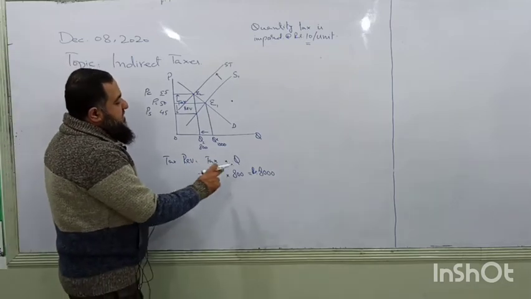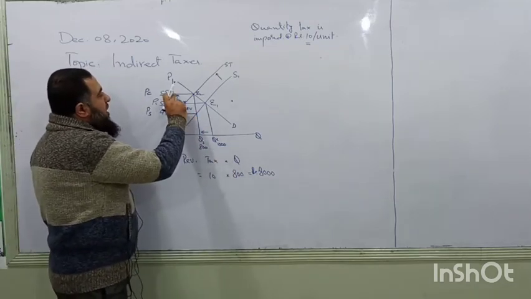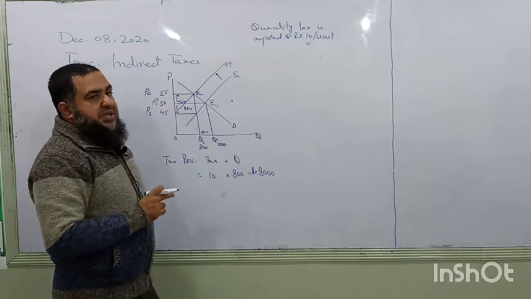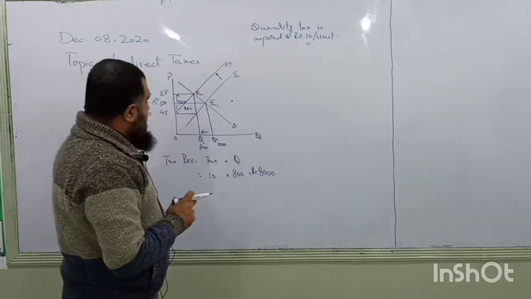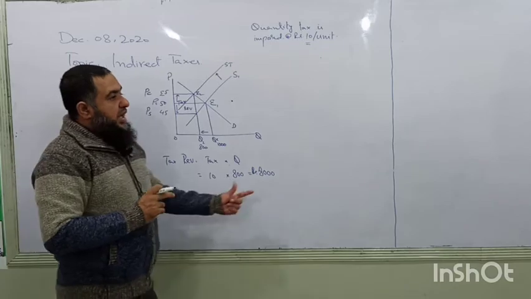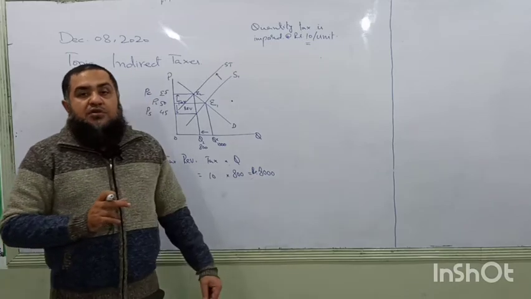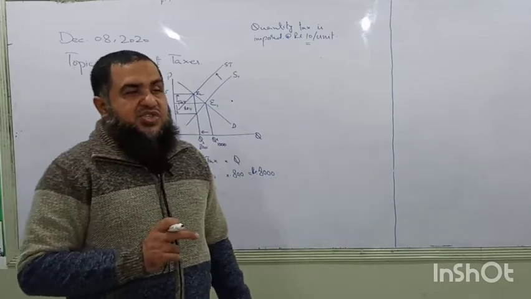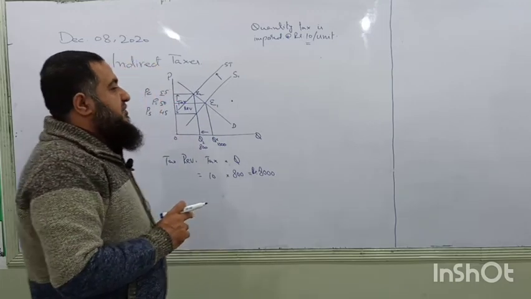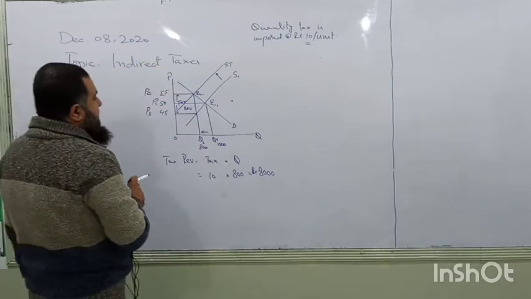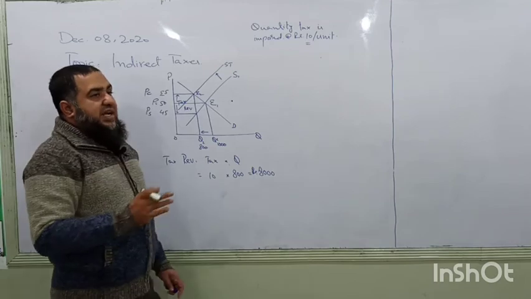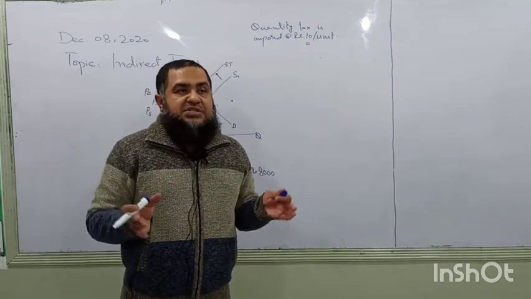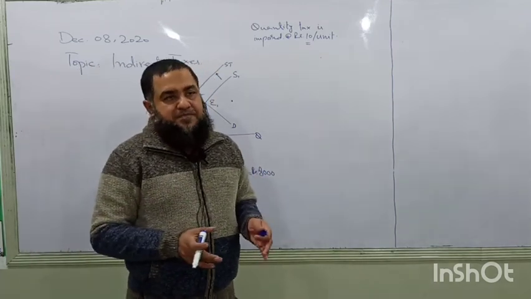Okay, out of this 8,000 tax revenue, 4,000 was paid by the consumers, whereas the rest of the 4,000 was paid by the sellers. So sellers share the burden of this tax with the consumers as well.